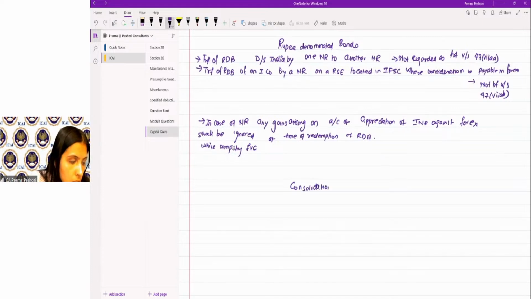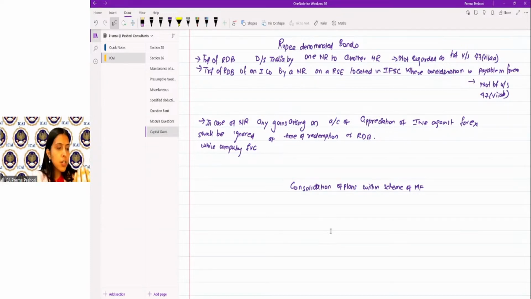Consolidation of plans within the scheme of mutual fund. So usually what happens is these mutual fund companies sometimes consolidate the plans. There are different plans which you may have with a particular mutual fund company.